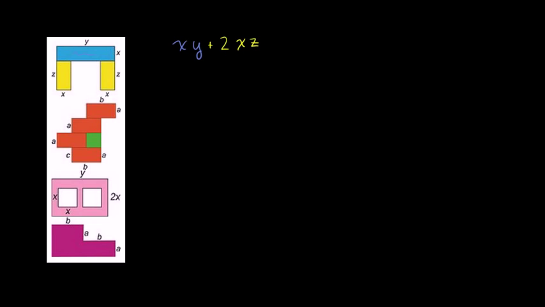Now let's do this next one. What's the area here? Well, I have an a times ab. This looks like an a times ab again, plus ab. That looks like an ab again, plus ab, plus ab. And this, I think they've drawn it actually a little bit strange. Well, I'm going to ignore this c right there.